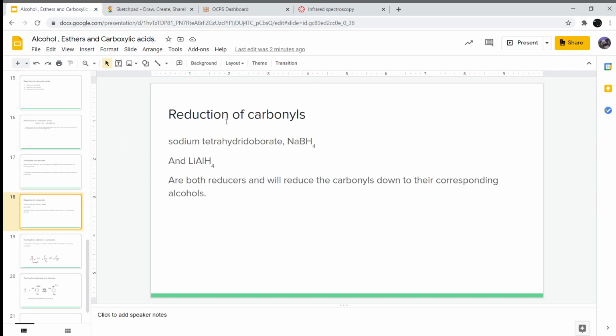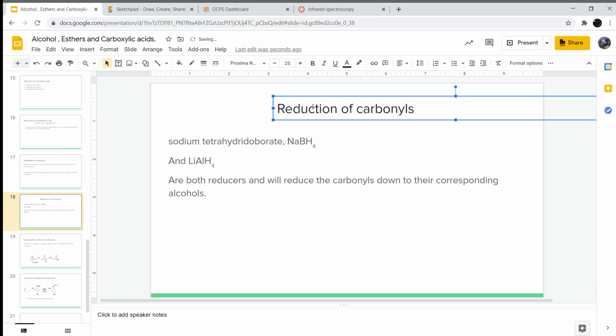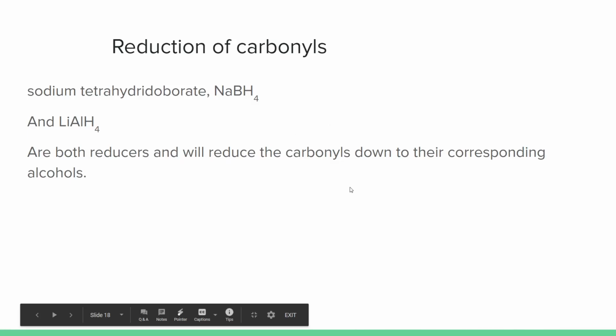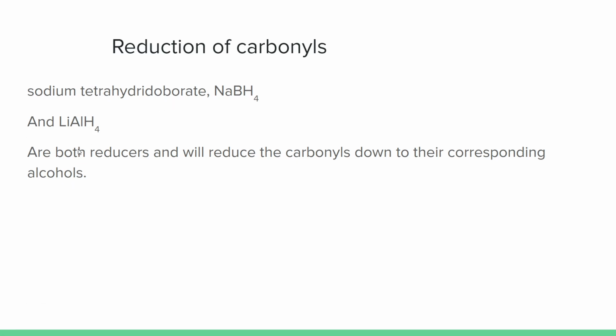The first type of reaction that we can do is a reduction of the carbonyls. The reduction of carbonyls is primarily done with strong reducers. For instance, this is sodium tetrahydroborate, which is this one right here.